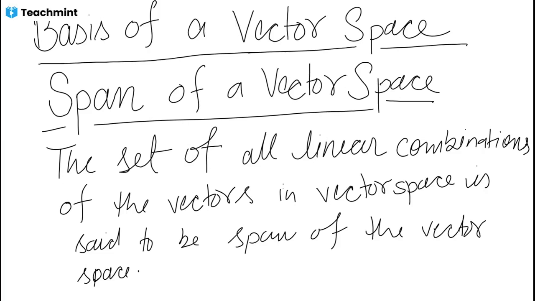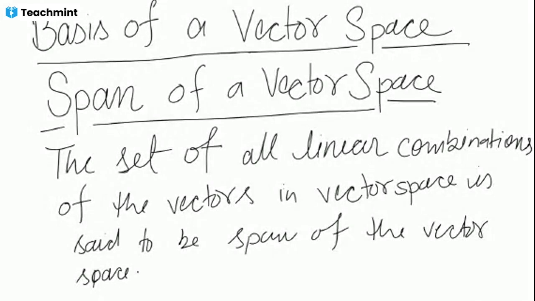If we are taking different alphas and different combinations of those vectors, then it's a span.